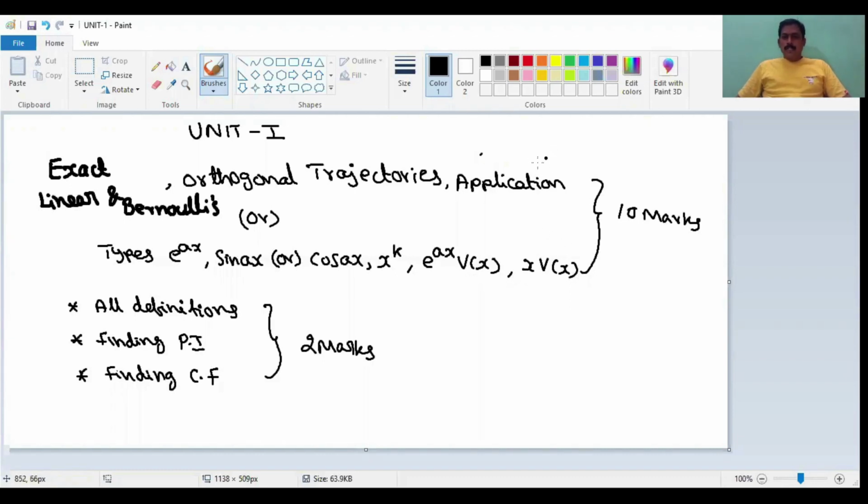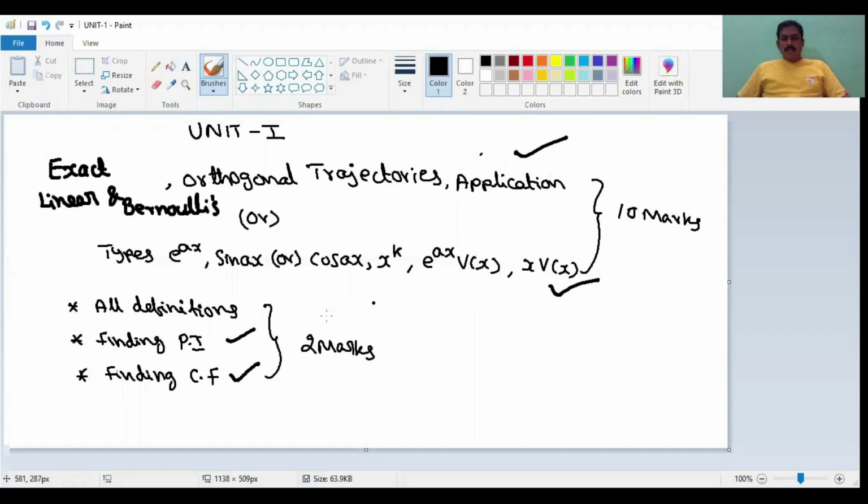Here we may expect either the first part, a 10-mark problem, or one problem from the second part. If you take the 2 marks, all the definitions they may ask in 2 marks, as well as finding particular integral and finding complementary function are the important concepts.